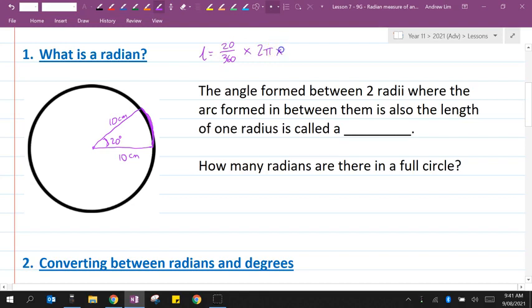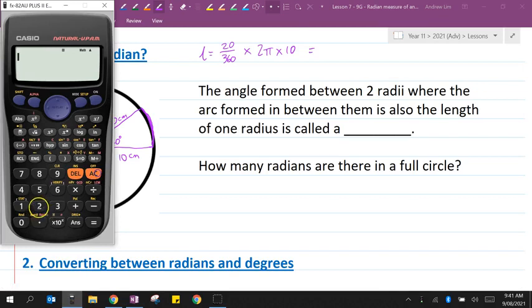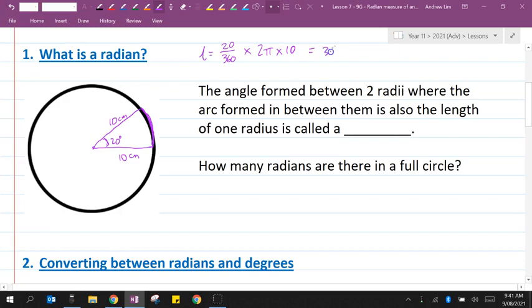We can work that out as 20 over 360 times 2 pi times 10, which is 3.49. Now, of course, this is not to scale, but you get the idea.